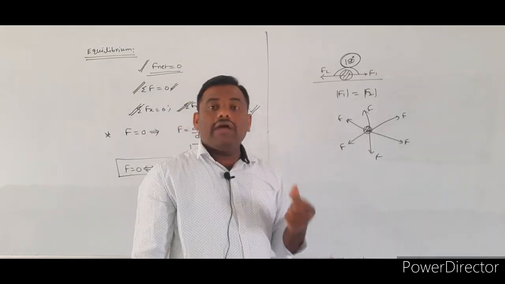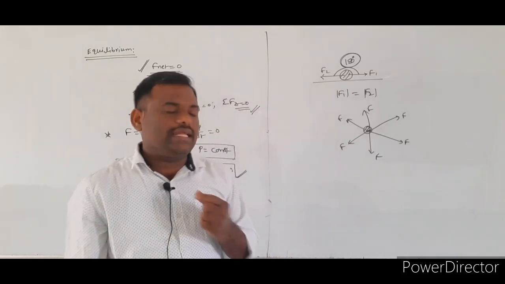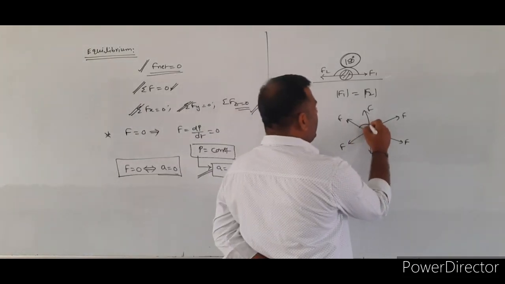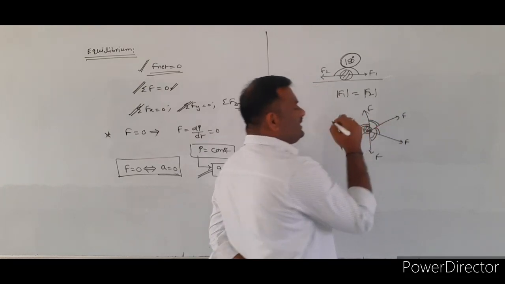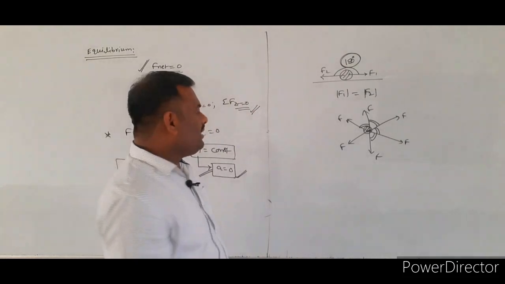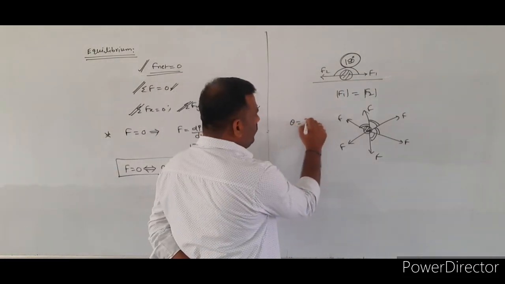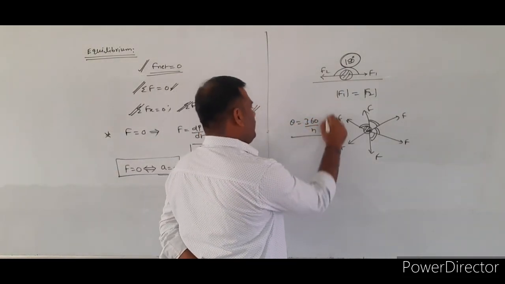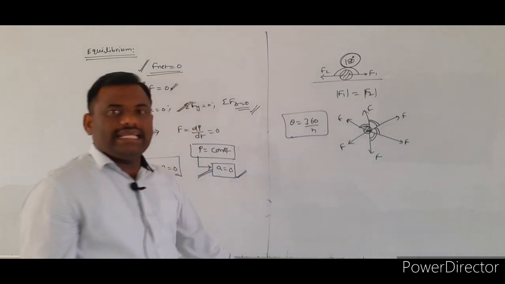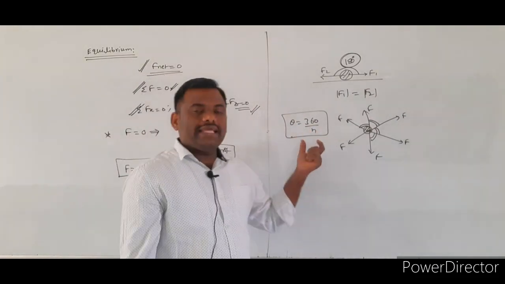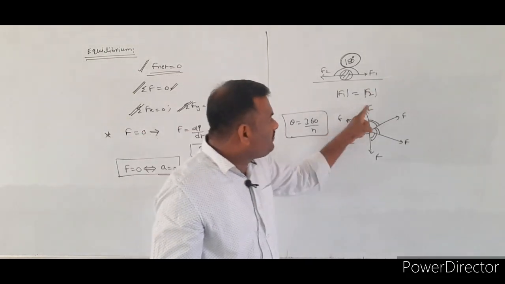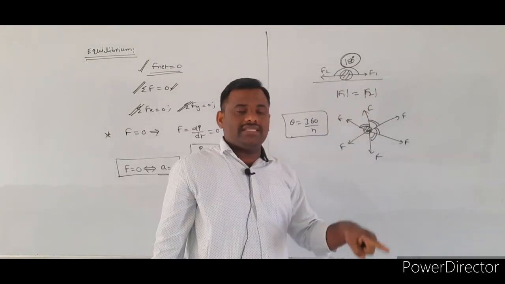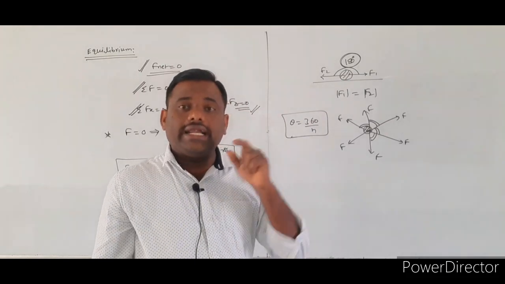At that time, I want to calculate the angle between any two adjacent forces. For that, there is a formula: theta is equal to 360 by n.